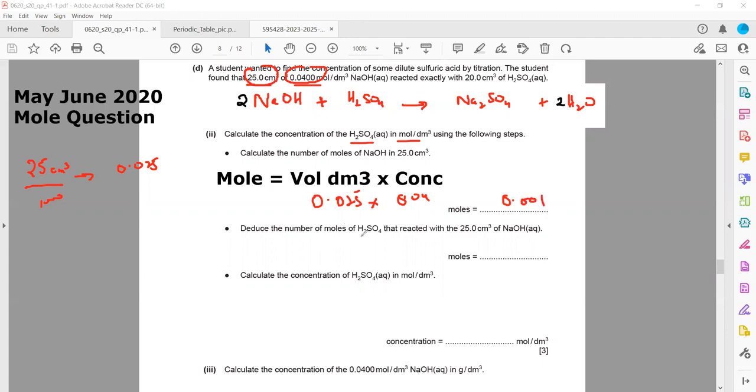Next, deduce the number of moles of sulfuric acid that reacted. So how do we deduce? We have the volume, but we don't know the concentration, so we cannot use a formula. The first part we solved by using a formula, which means the second part we should solve by using a ratio. Which ratio should I take? Between which two quantities?